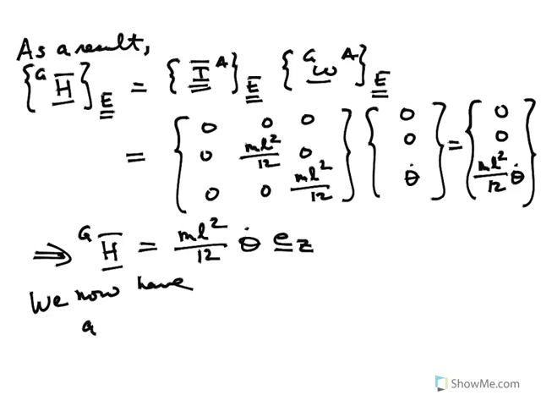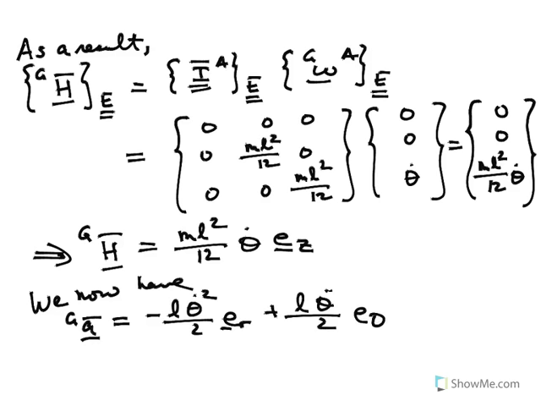The acceleration of the center of mass is equal to minus L theta dot squared over 2 e_R plus L theta double dot over 2 e_theta. And the angular momentum relative to the center of mass is equal to ml squared over 12 theta dot e_z. So now we can start applying the laws of kinetics.